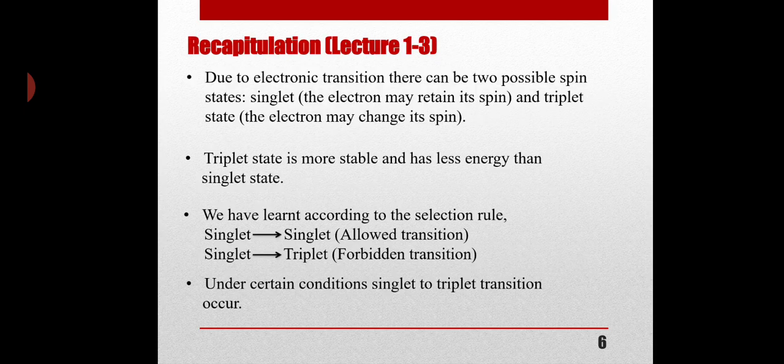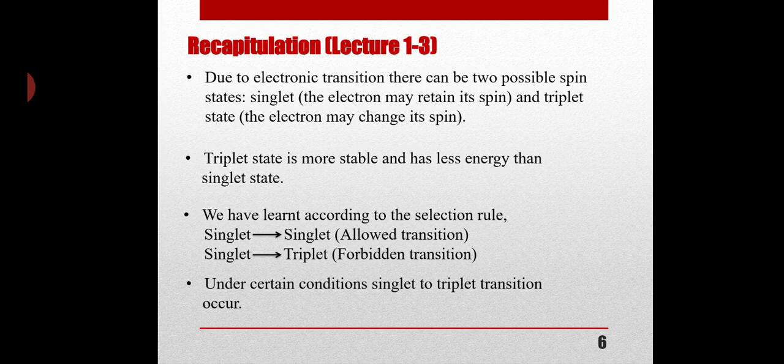When an electronic transition takes place in a molecule, the electron may retain its spin, and this is called a singlet state, or the electron may change its spin, and this is called a triplet state. Triplet state has a lower energy than singlet state.